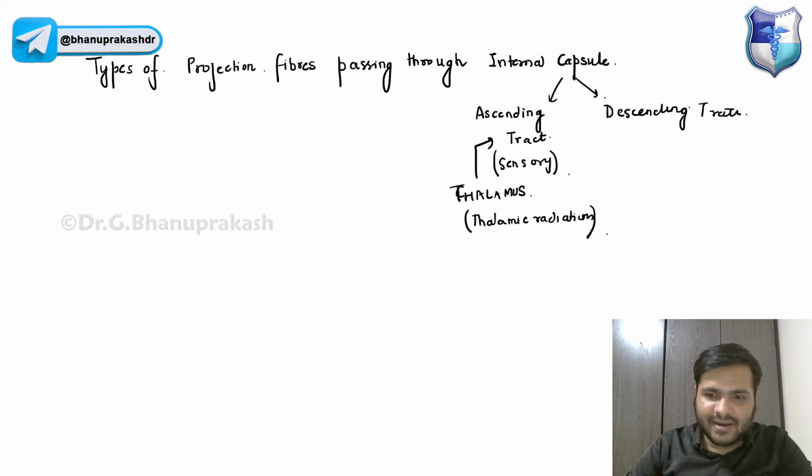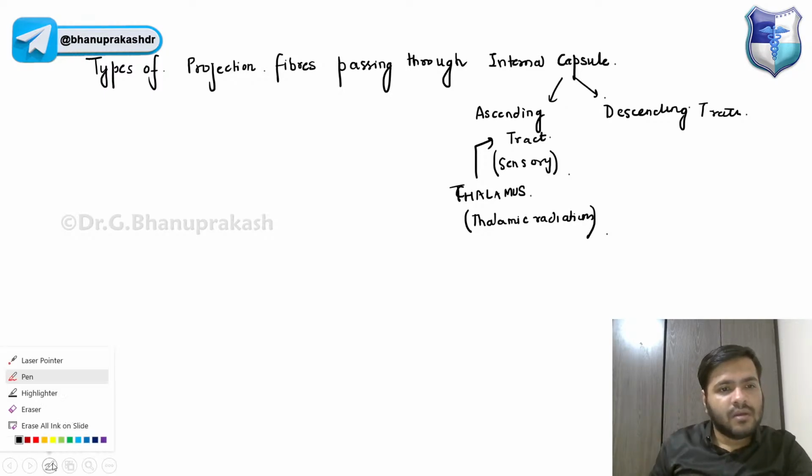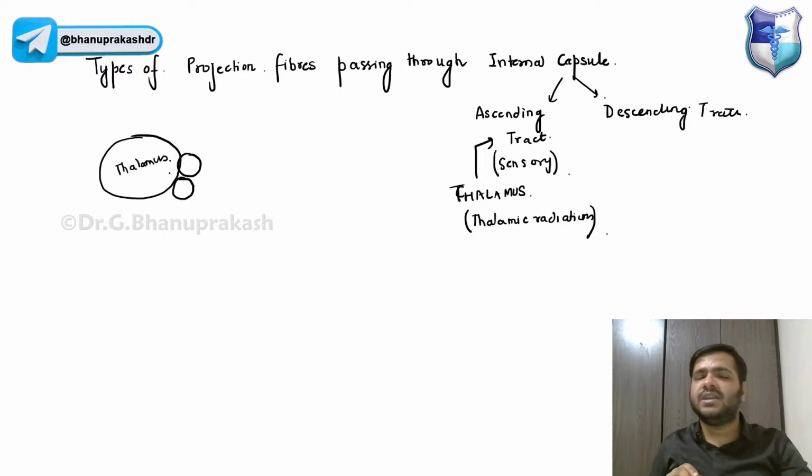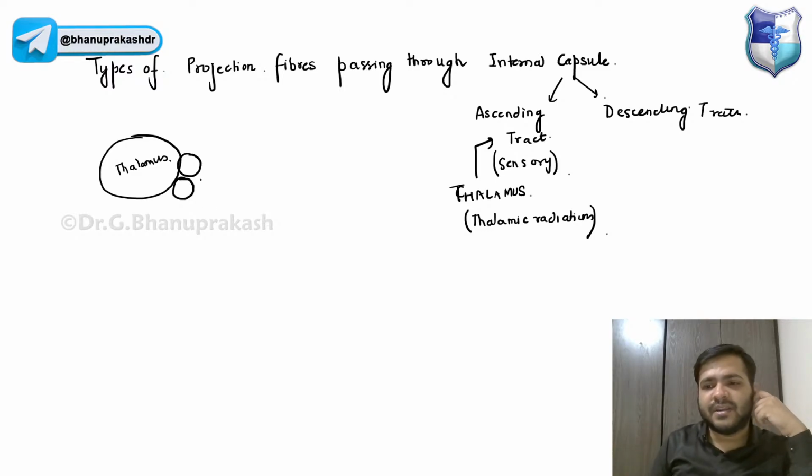Now guys, let us first discuss. Let us suppose this is the thalamus. And behind the thalamus, during development, initially these parts were combined, but during the development of the thalamus, these parts separated out.